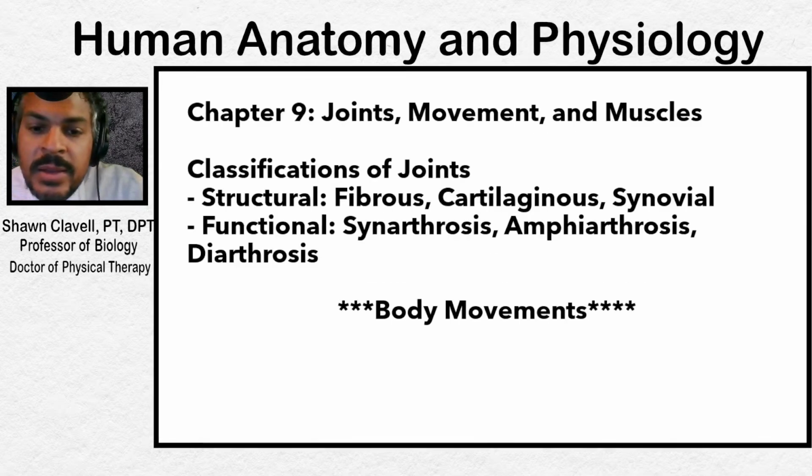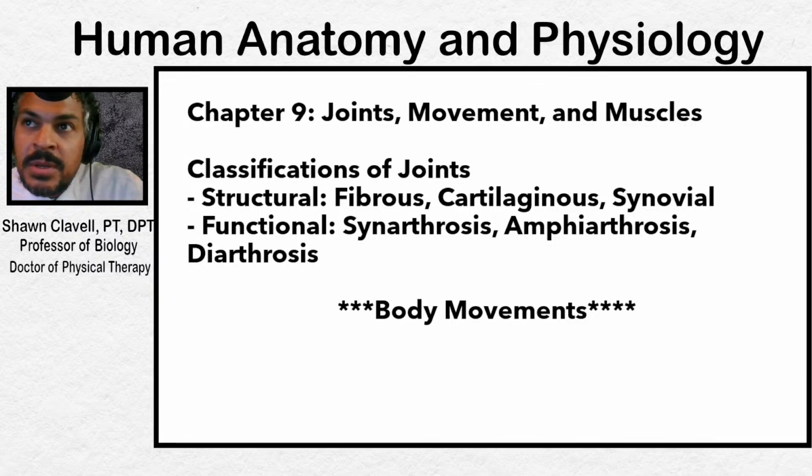So again, in chapter 9, we talked about some of the different classifications of joints, whether they are structural classifications. If we talk about those structural classifications, I'm talking about what holds the bones together, right? So if an articulation is classified as where two bones meet, those bones can be held together by fibrous tissue or a ligament, right?